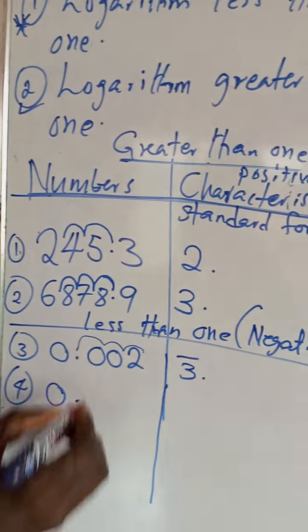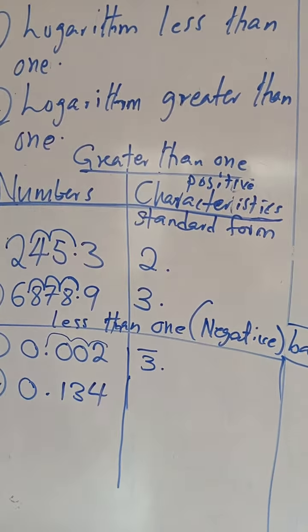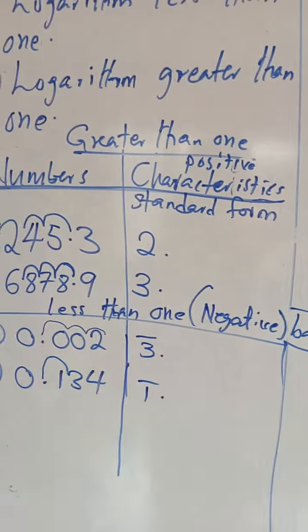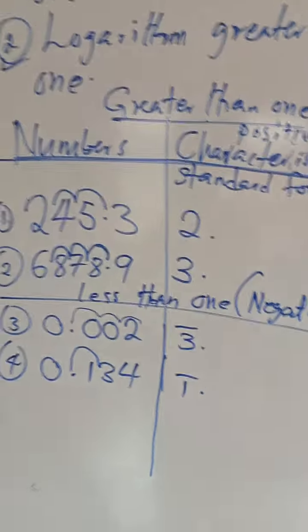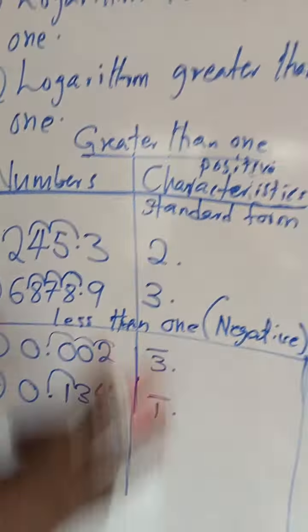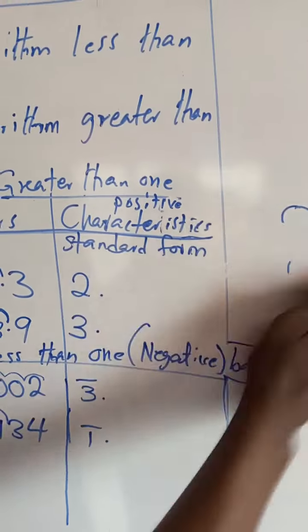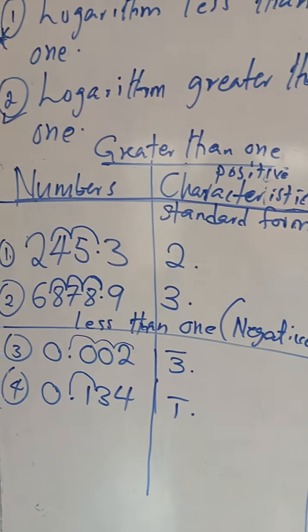Someone could have 1.134. This one is just one shift, so that's bar 1, which is minus 1 or negative 1. This is how to get the characteristic, and that's the first thing in logarithm, either less than 1 or greater than 1.